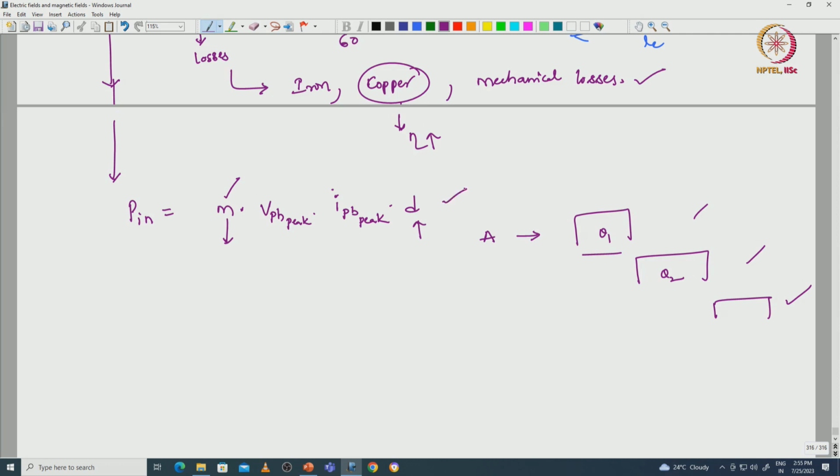This is the input power equation, and the efficiency of any system we can represent in terms of output power and input power, or output power divided by output power plus losses. So, with respect to the second equation, output power is equal to efficiency into input power.